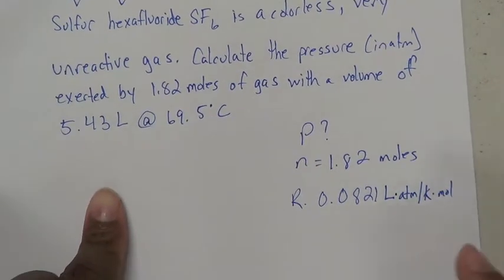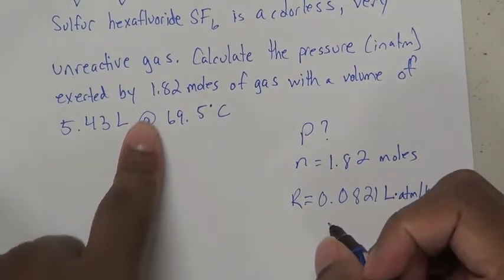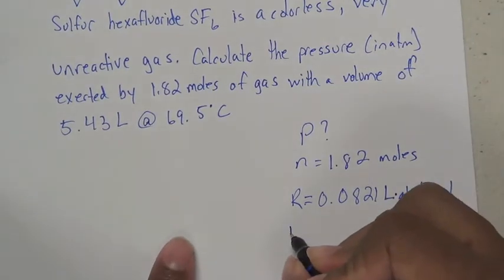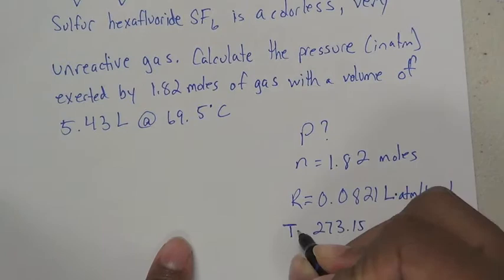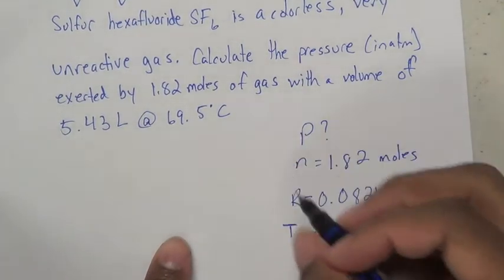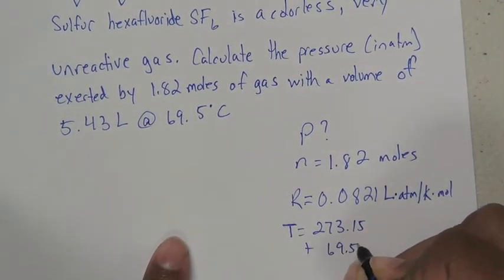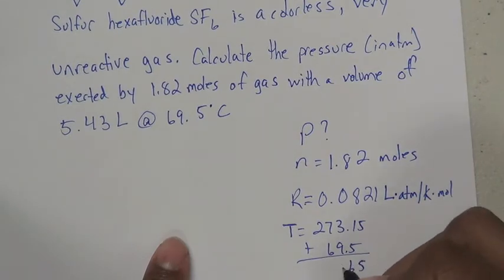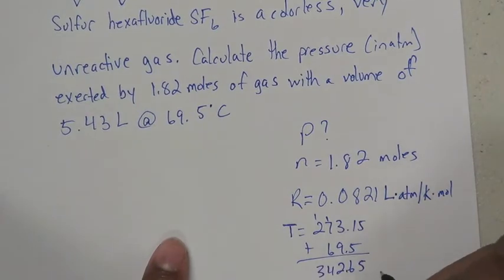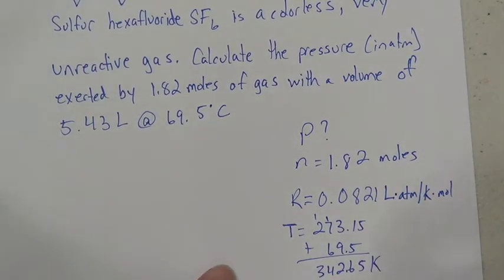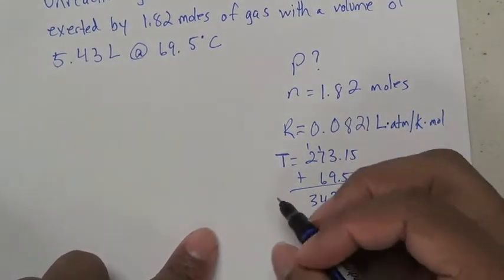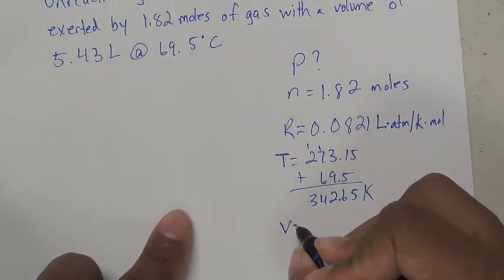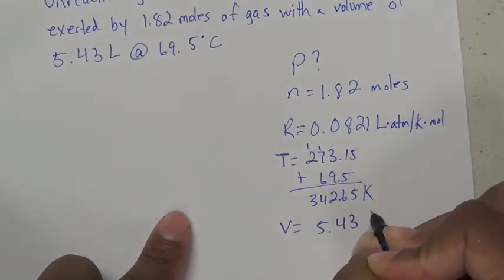And then we have a temperature, which needs to be converted to Kelvin, so it'll be 273.15 plus 69.5. That gives us 342.65 degrees Kelvin. And then the volume equals 5.43 liters.